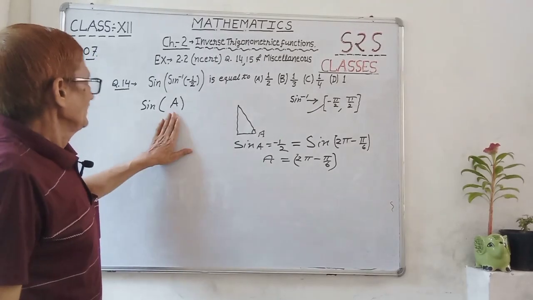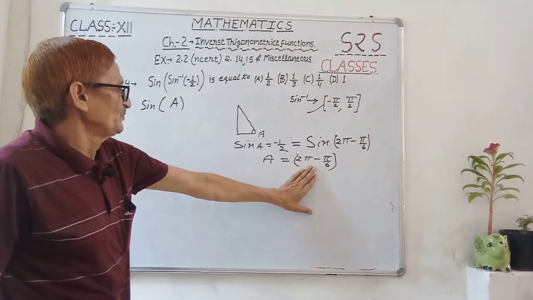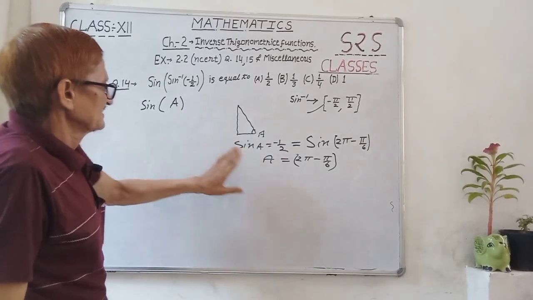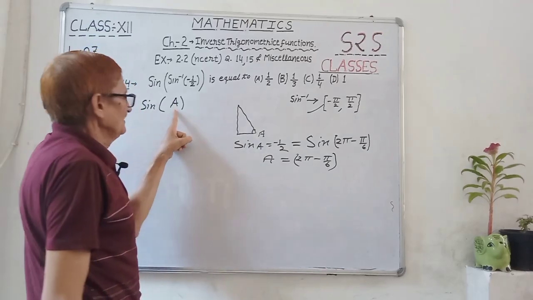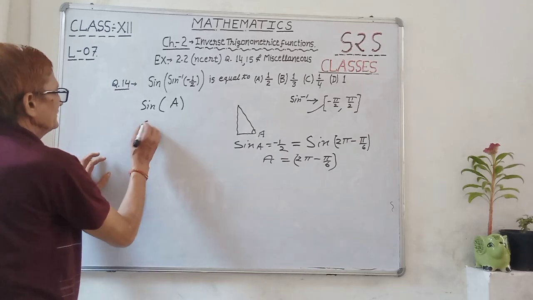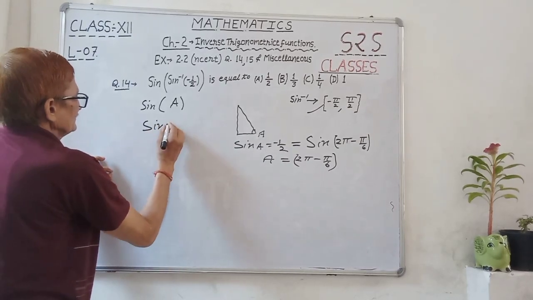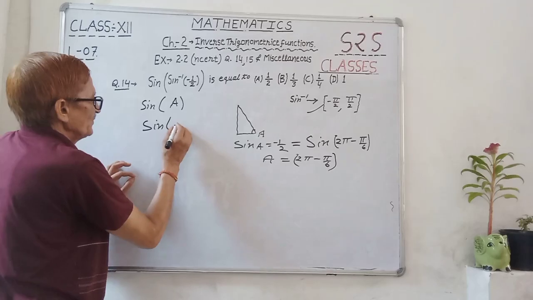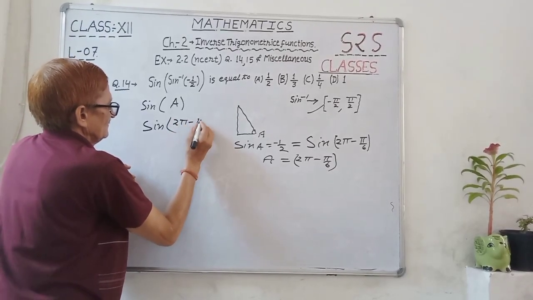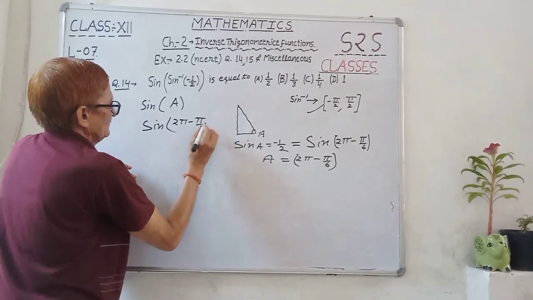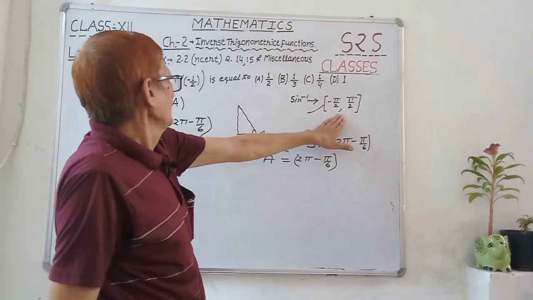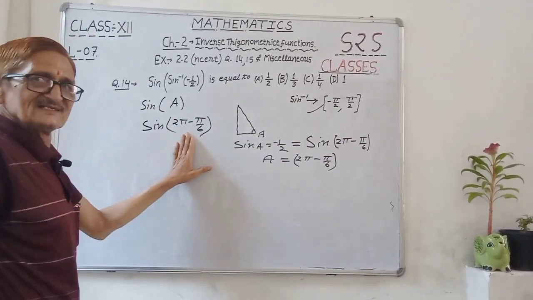Since sine inverse of minus half is A, we can say that A is 2 pi minus pi by 6. But this must be in the range of the inverse, and it is not in range.